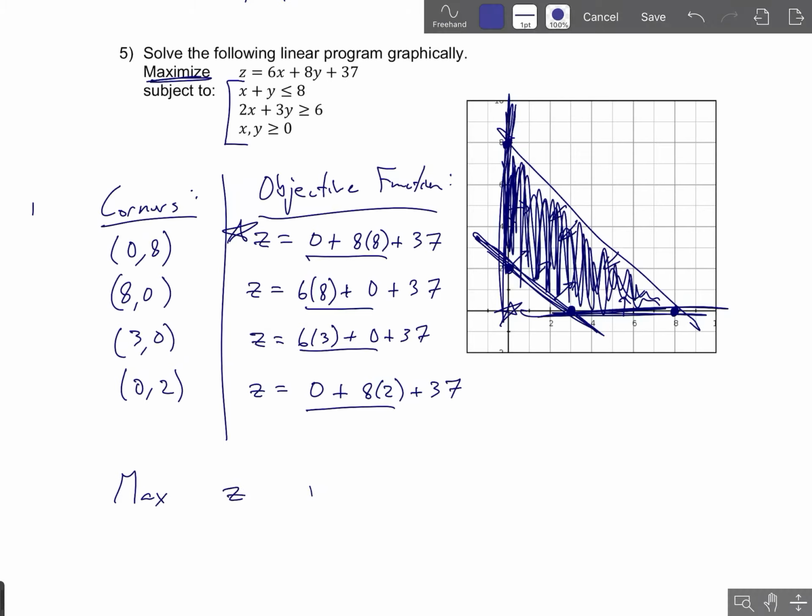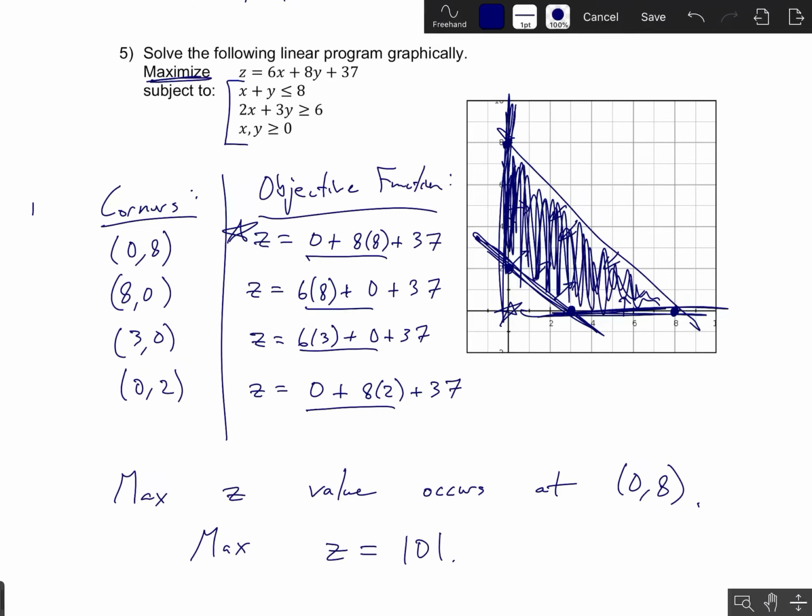And that means that the max z value occurs at 0, 8. And that max z would be 37 plus 8 times 8. So if you compute that, then what you end up getting is what? 8 times 8 plus 37, 101. So our max z value would end up being 101.